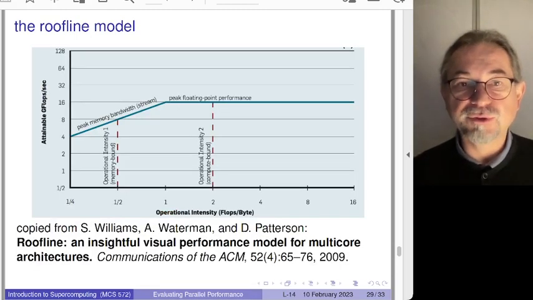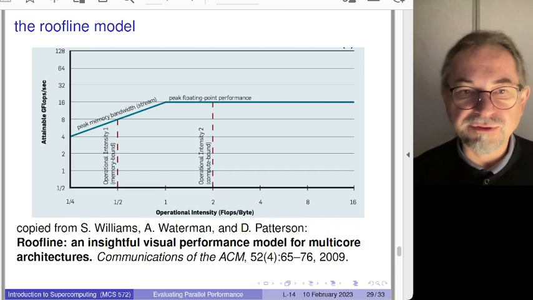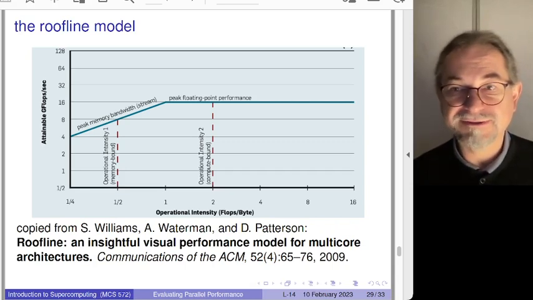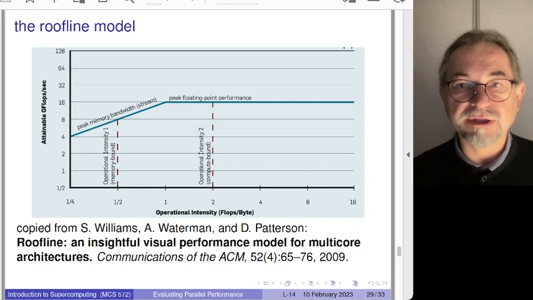So now we get to the roofline model. I copied this picture from the paper that introduced the roofline model. I heard about this for the first time at the SIAM Parallel Computing Conference. So we have the roofline. The peak floating point performance is the theoretical peak performance.